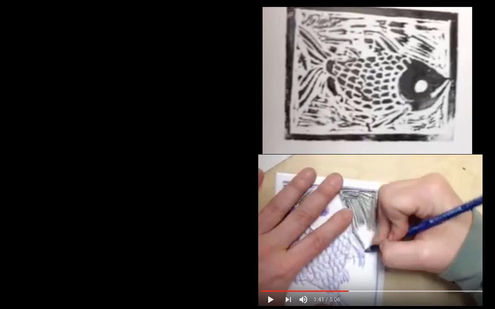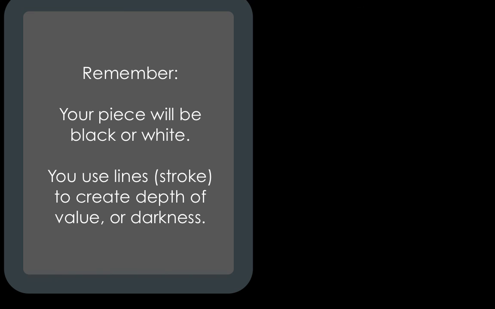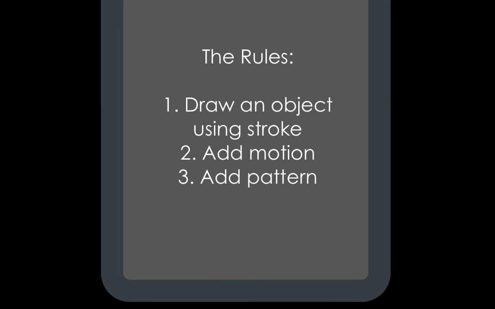Remember, your piece is just going to be black and white, so you're going to use lines or stroke in order to create value or the darkness. The rules, what you need to pay attention to at this point. You want to find an object that you desire, that you want to draw. And you're going to show motion through that object in any of the ways that we showed already.